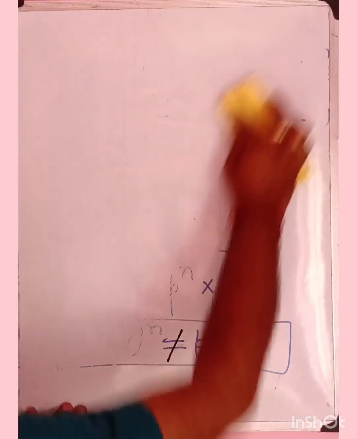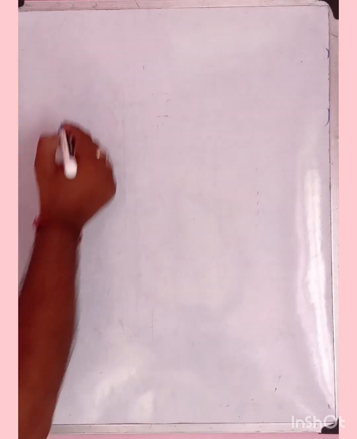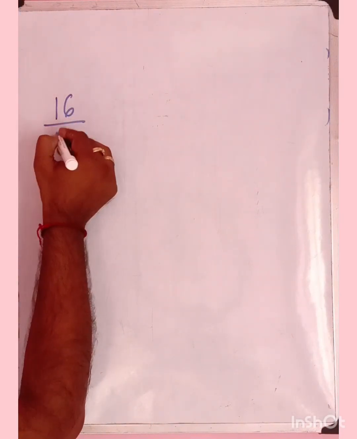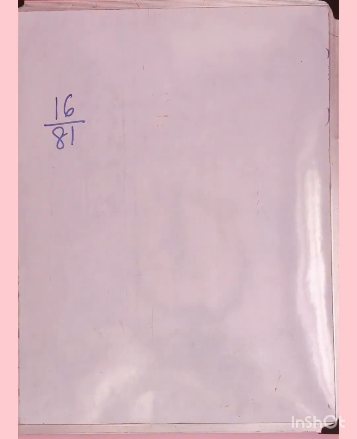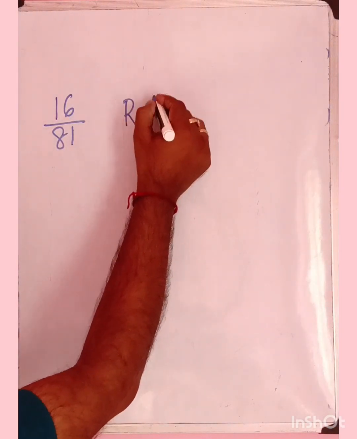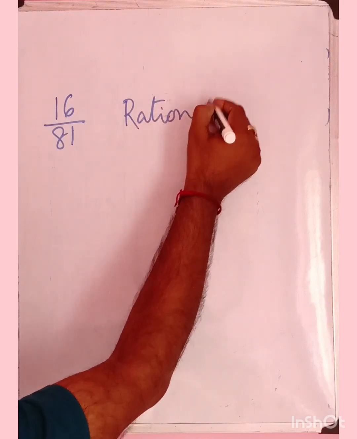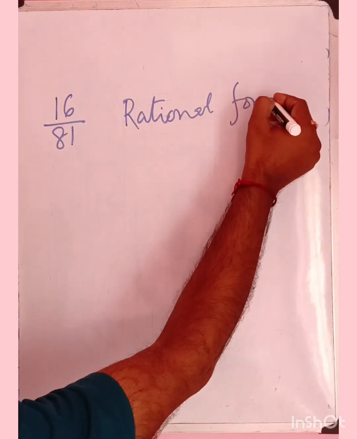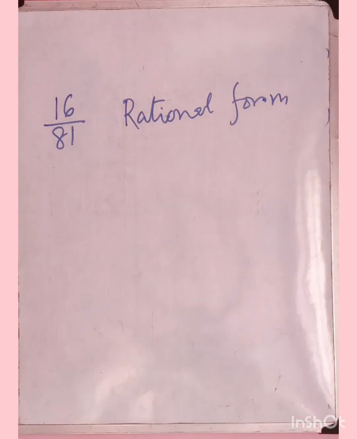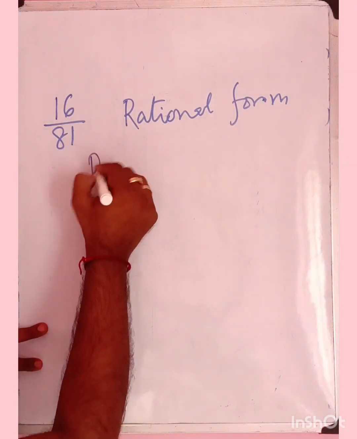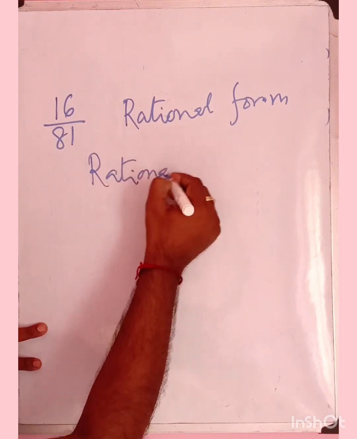So we have understood the term base and power. One simple example. Do it yourself. 16 by 81. This is written in rational form, isn't it? What is rational form? What is a rational number?